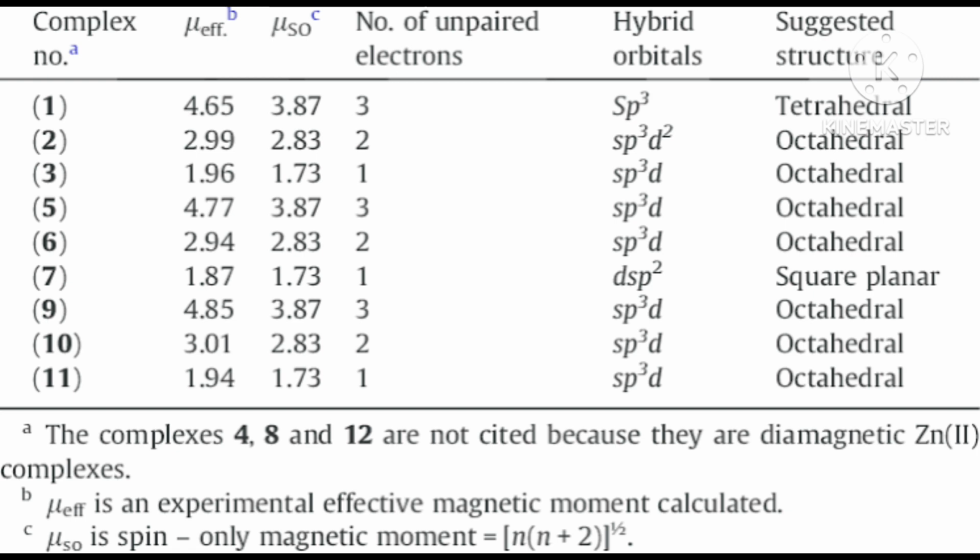I told you some ligands are neutral. Some have negative charge, as for example cyanide, chloride, fluoride, iodide. But H2O and NH3 have no charge, they are neutral. Those which have charge may have repulsion.